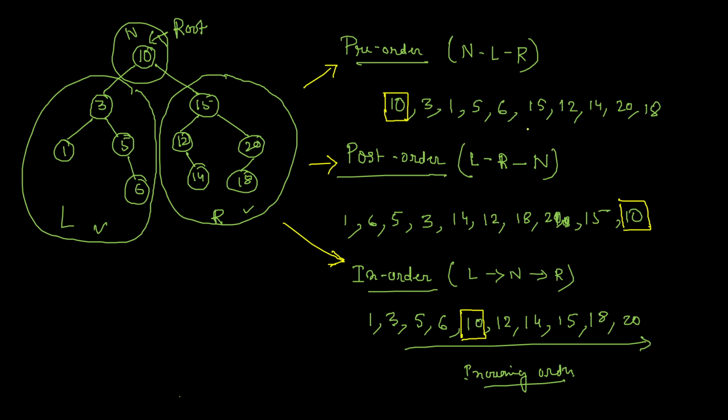But after that, what to do? What are the numbers present in the left of the 10 and what are the numbers present in the right of 10? That is not possible to understand from pre or post. To do this, you have to go through the in-order, because in-order says that left of this 10 should be 1, 3, 5, 6 in some order, and right of the 10 should be 12, 14, 15, 18, 20 in some order.